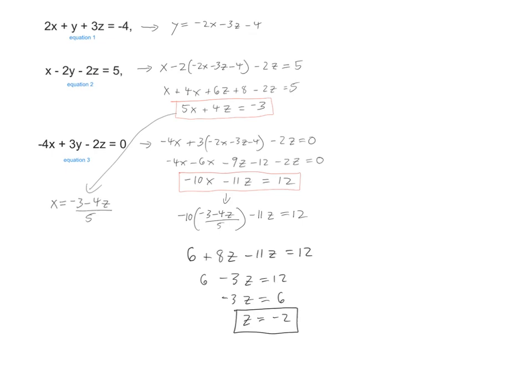Now that I know that, I'm going to go back and look at this expression because I had x in terms of z, but I just determined that z is negative 2.